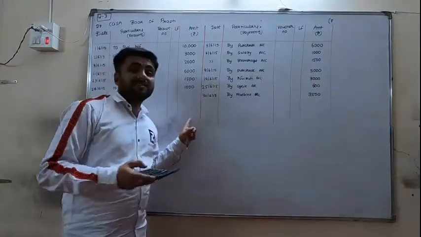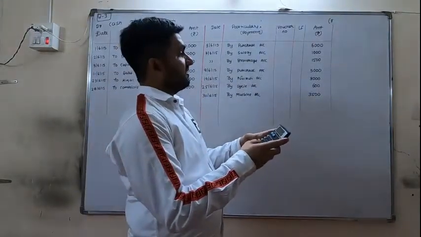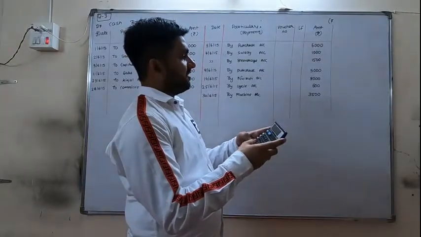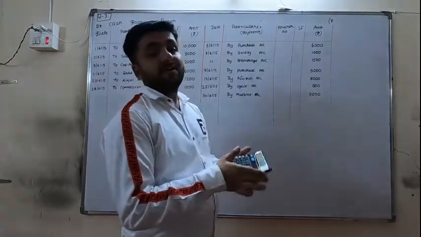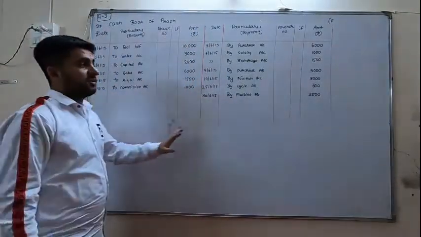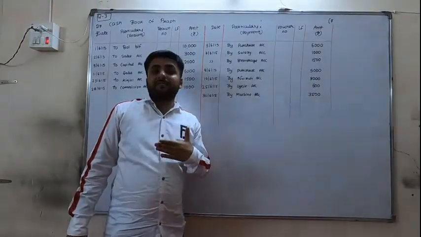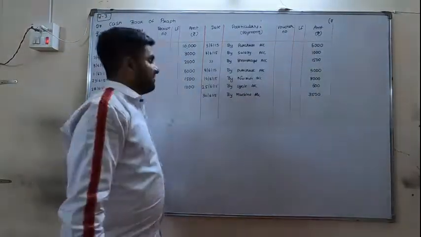Total of the debit side is 23,500. Now let's take the total of the credit side: 6,000, 1,000, 1,500, 5,000, 3,000, 600, 3,500. Total is 20,600. So in a simple cash book, the debit side total is always more, because the receipts of cash will be more than the payments.